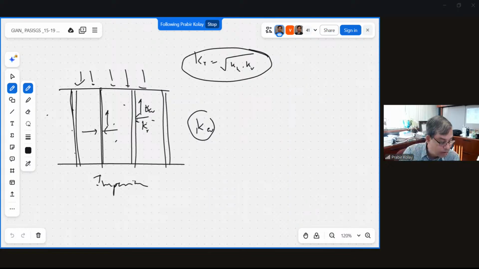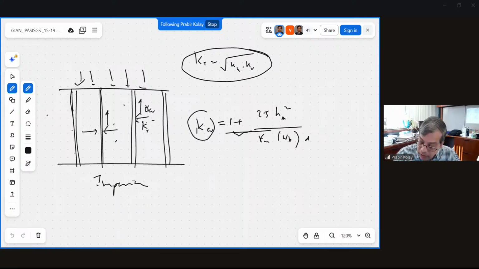But here, the equation is different. K equivalent is 1 plus 2.5 times H over D_R, divided by F(n) times D squared times K_V, and on the top K_R, and this will be times K vertical.